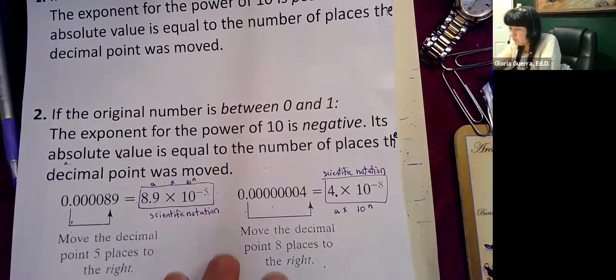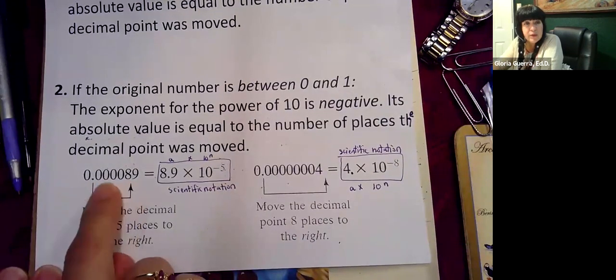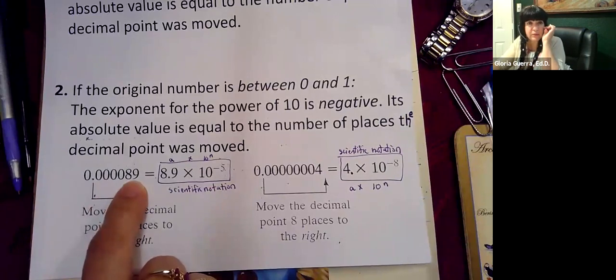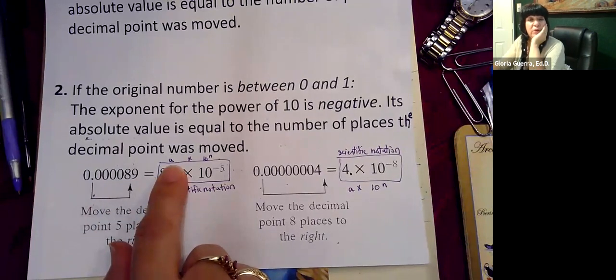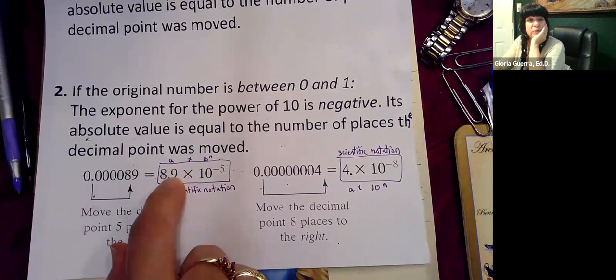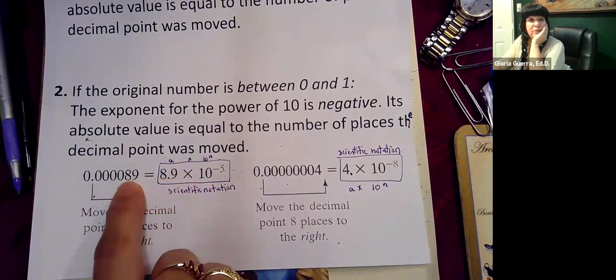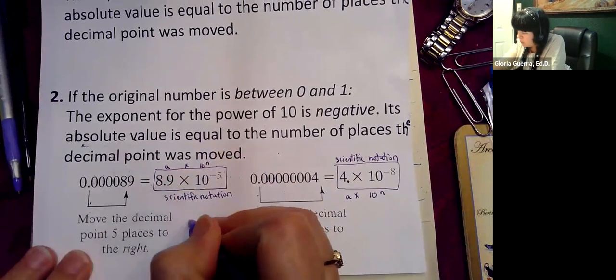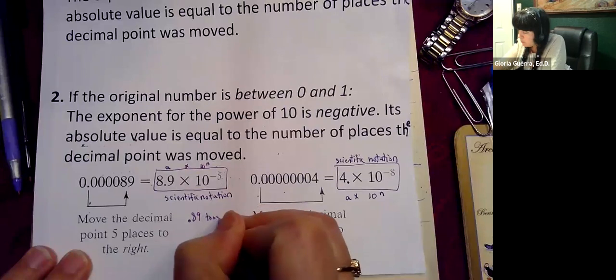So here you want to relocate the decimal point so that it's sitting between the 8 and the 9. For scientific notation, you need a number that's between 1 and 10. If you move it in front of the 8 and make it 0.89, that would be considered too small.